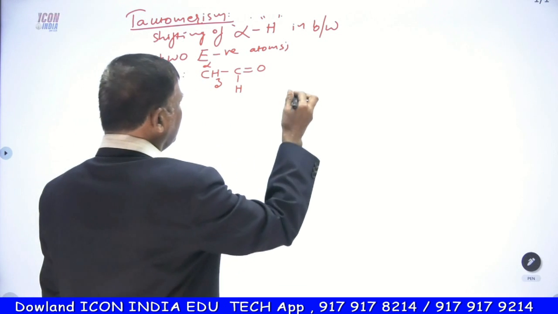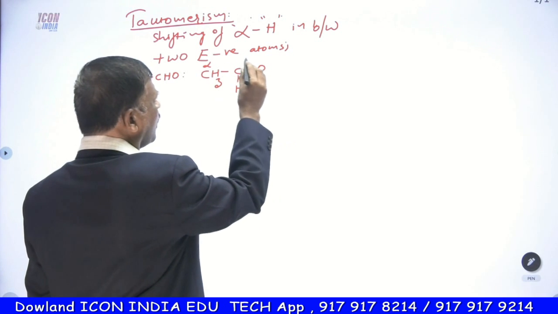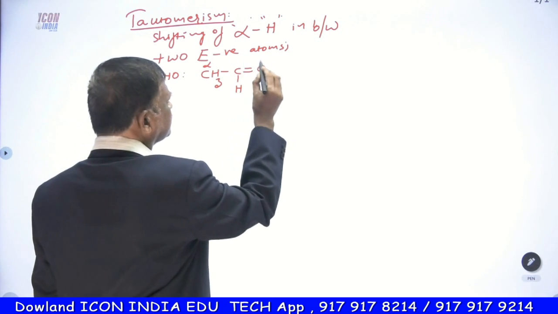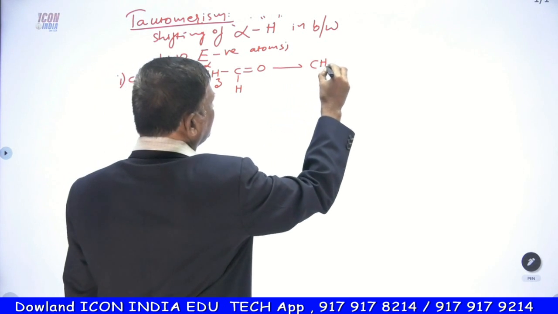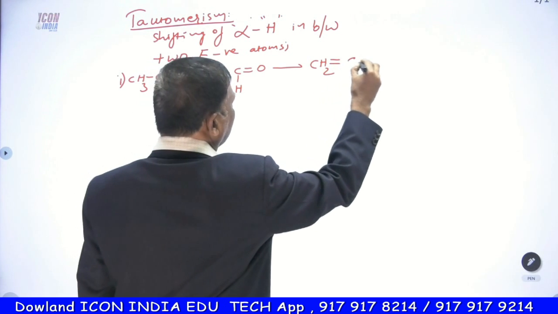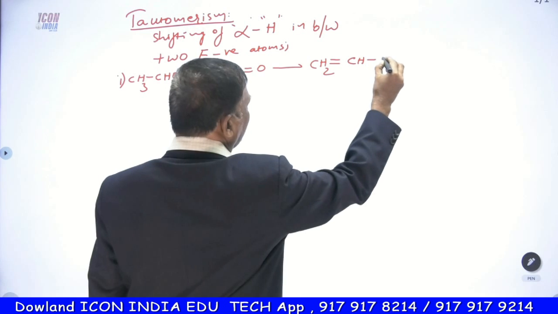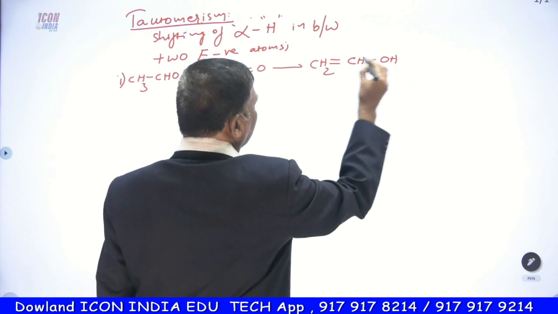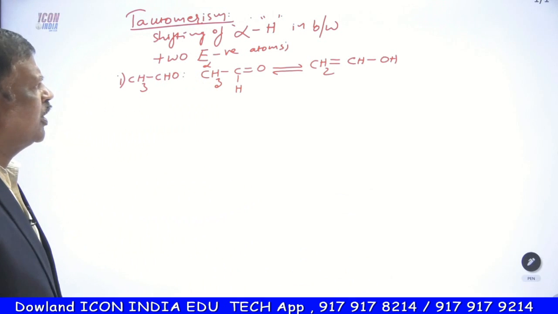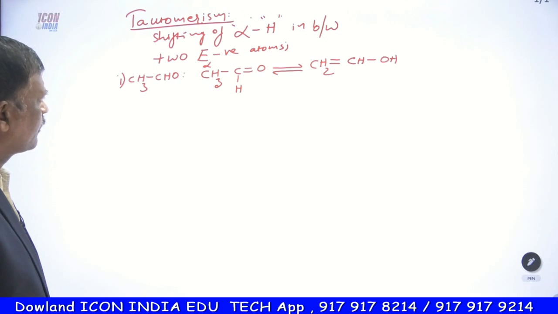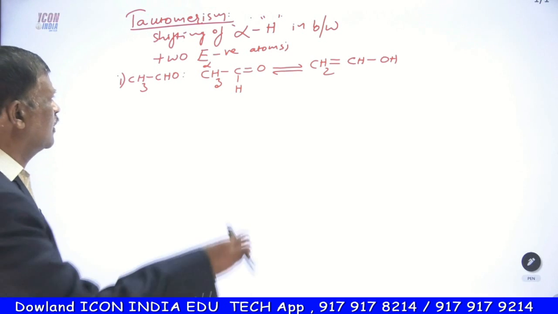One of the alpha hydrogens will shift to oxygen. Consequently, it becomes CH2=CH-OH, vinyl alcohol. Thus, these two are in dynamic equilibrium, acetaldehyde and vinyl alcohol.